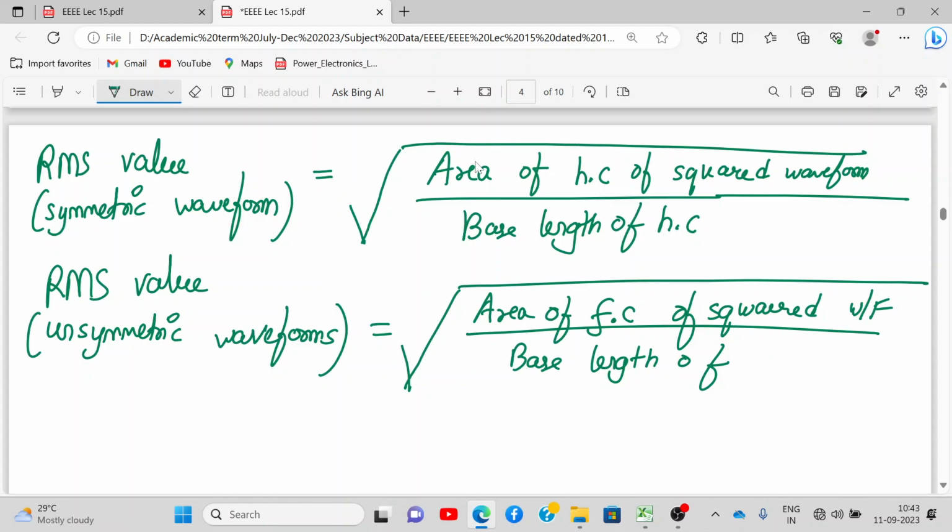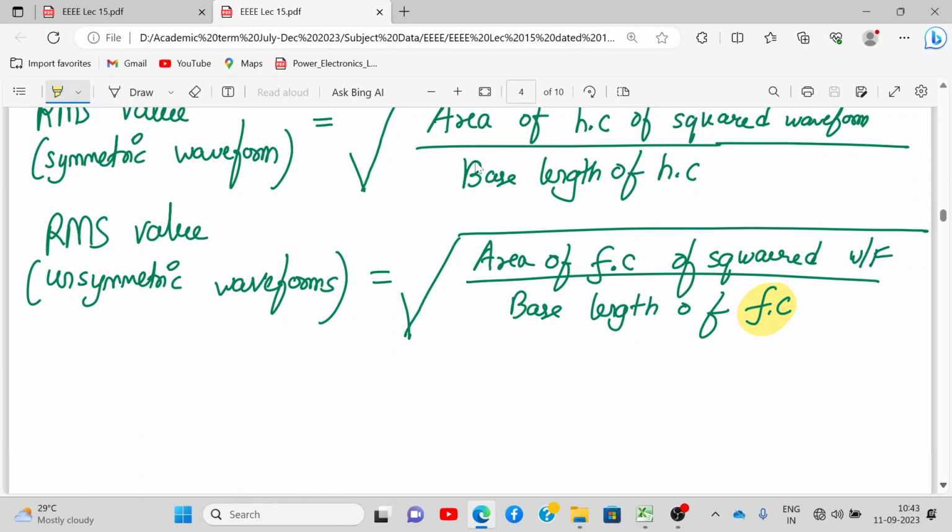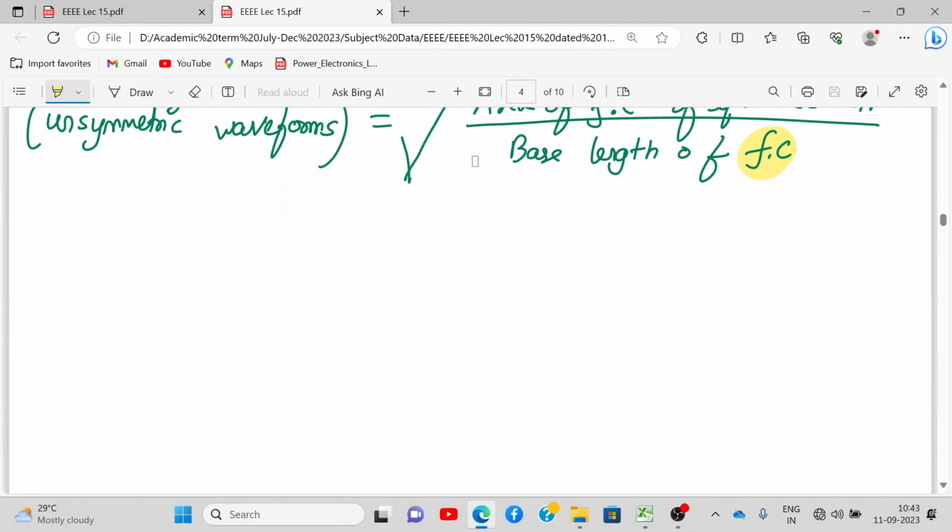Last time, when we wrote average value of asymmetric waveform, was it full cycle or half cycle? Full cycle. I will verify this point. So just circle it and keep it. Now write down one example.